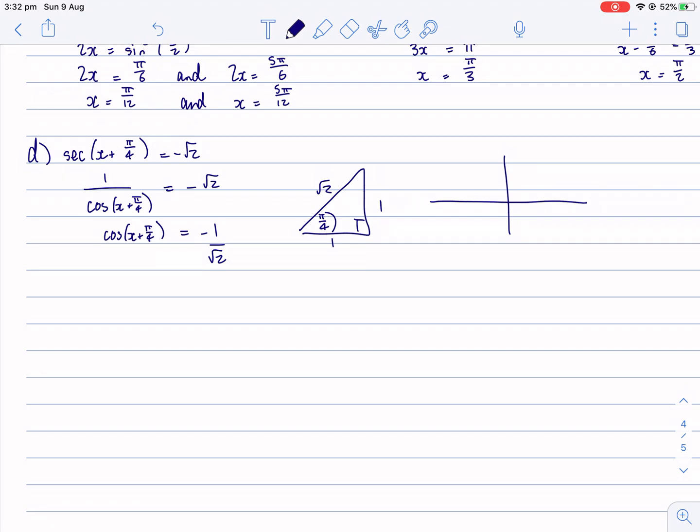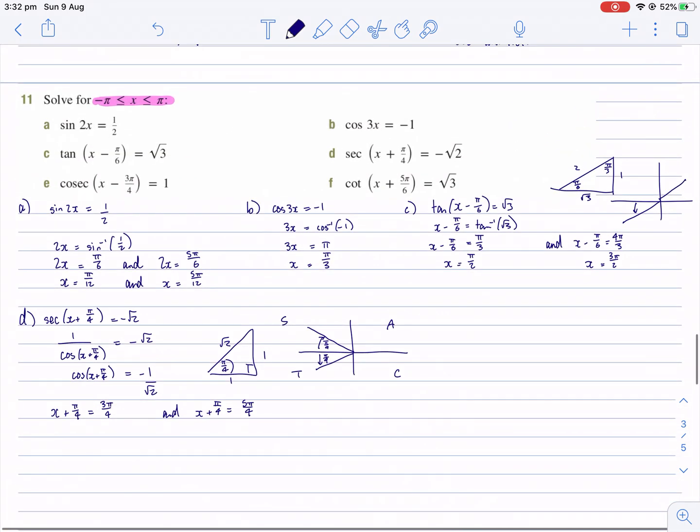So it's going to be negative 1 on root 2 here and here. S-A-T-C. So x plus pi on 4 is 3 pi on 4, and x plus pi on 4 is 5 pi on 4.